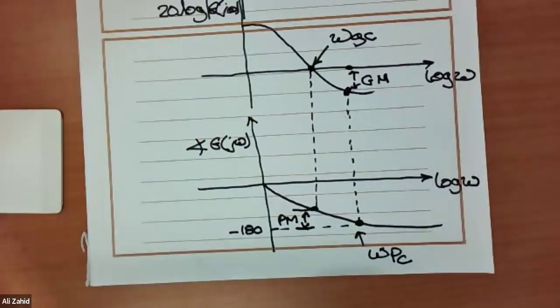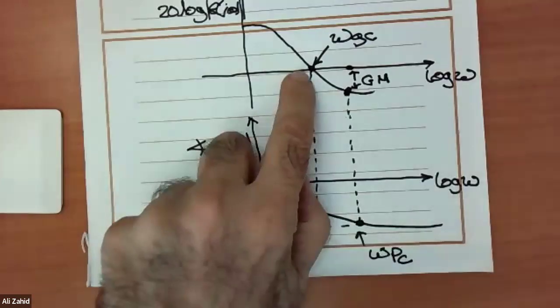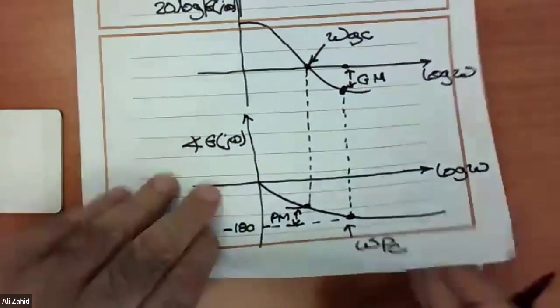Did you get it? Yes. Now suppose this one appears before this one. In other words, suppose I have this.